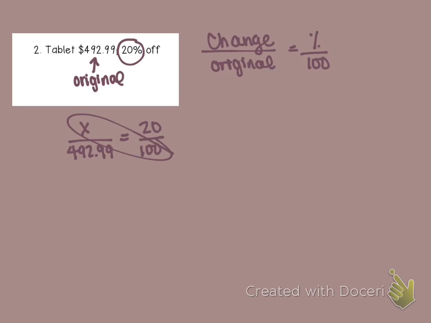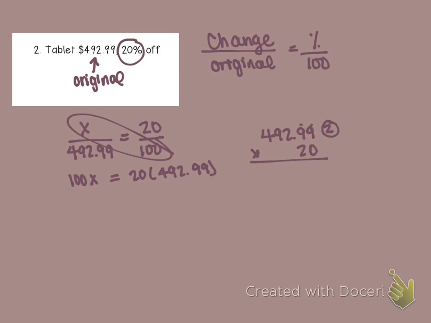Then you cross multiply. 100 times x is 100x, and then 20 times $492.99. When we multiply by decimals, we count how many numbers we have to the right of the decimal, and we have 2 of them.